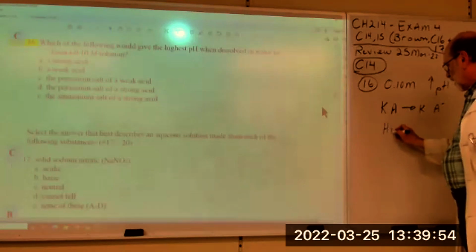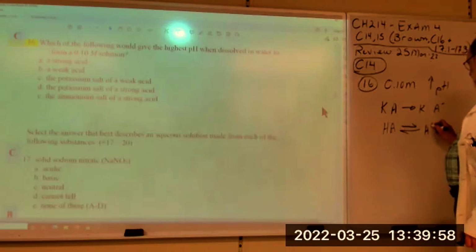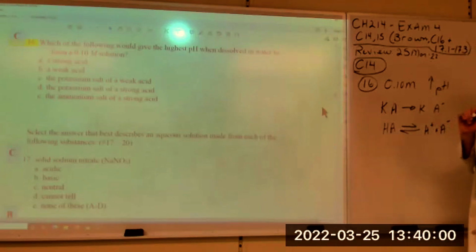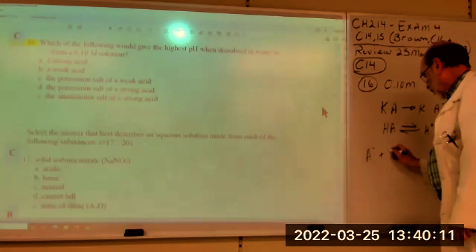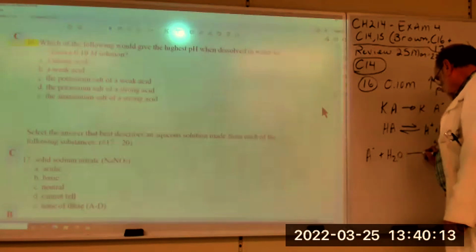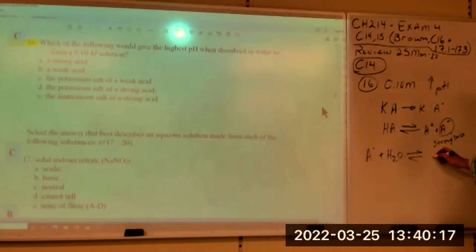So you have to look at it this way. If that's a weak acid, then it's going to produce this plus that. Okay? If that's a weak acid, this is a strong base. So what it does is this interacts with water and produces HA plus OH minus.